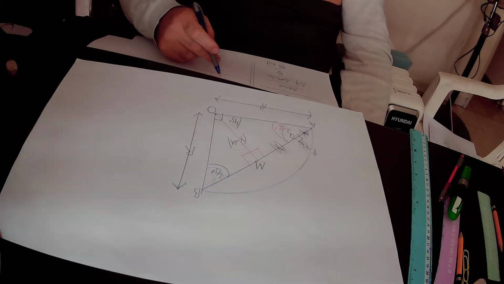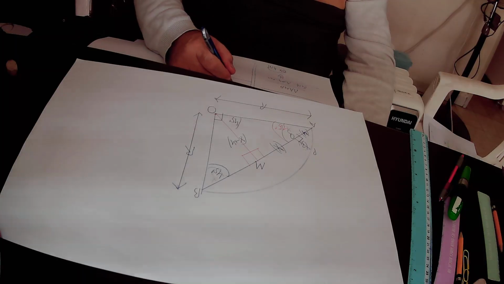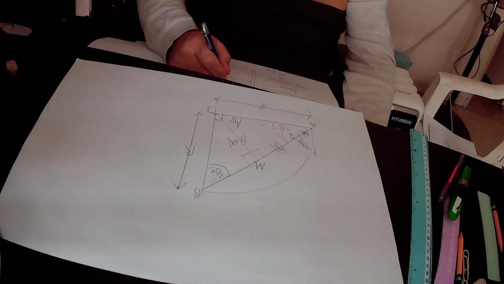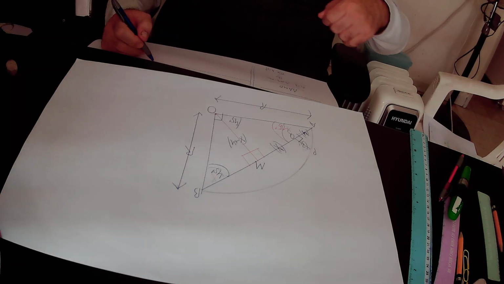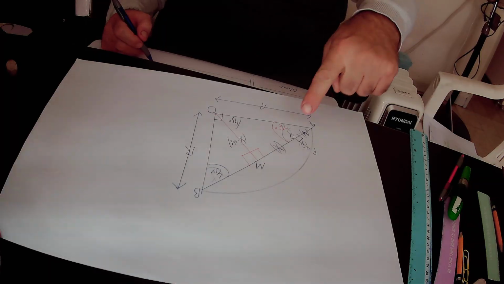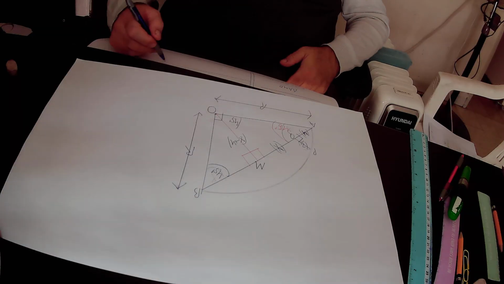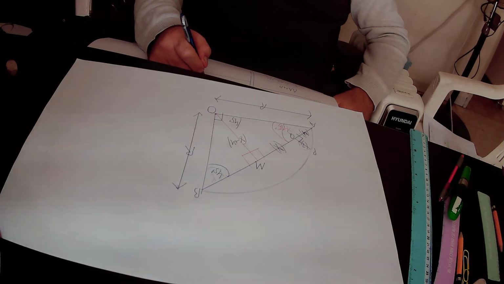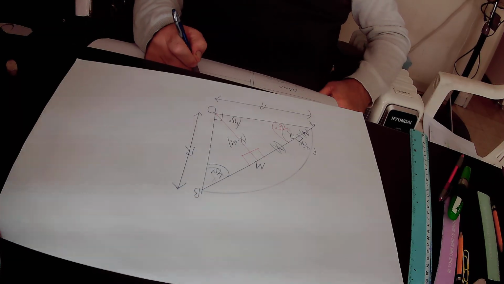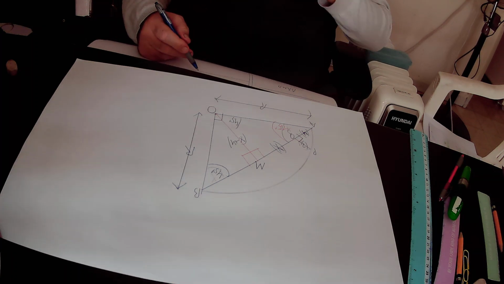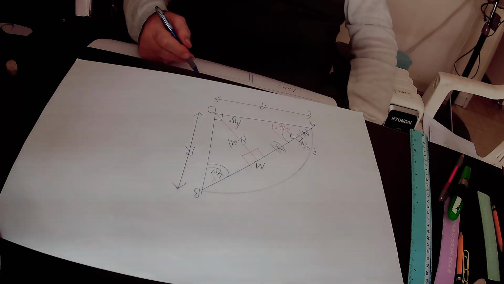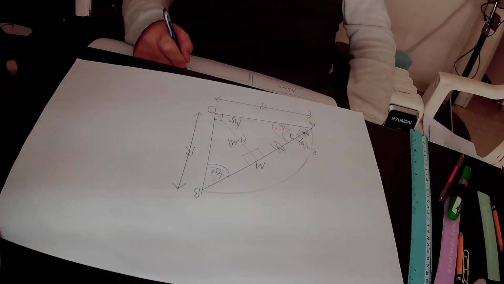AO is the missing side, so we name it as it is, so it is AO squared equals AM squared. AM is X plus 4, and therefore AM squared is X plus 4 squared, plus MO squared. MO is also X plus 4, and therefore MO squared is X plus 4 squared.